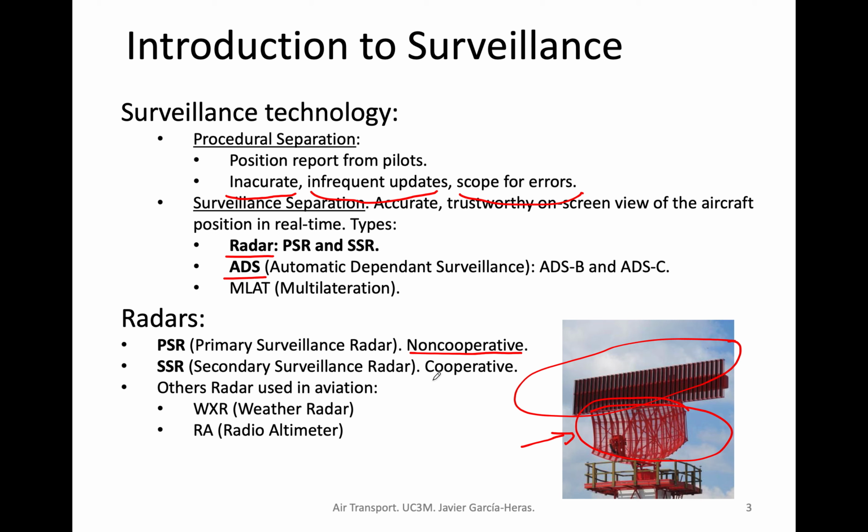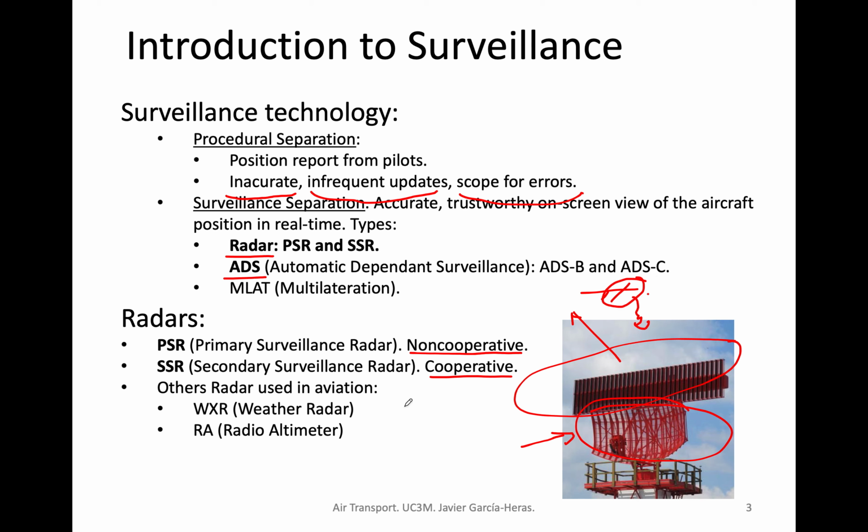But the secondary surveillance radar is different. It's cooperative. We interrogate from this, and the plane prepares a response, and the response comes in a different frequency and with the information composed by the transponder over here.